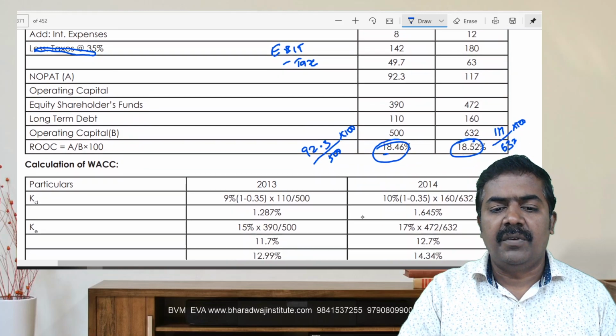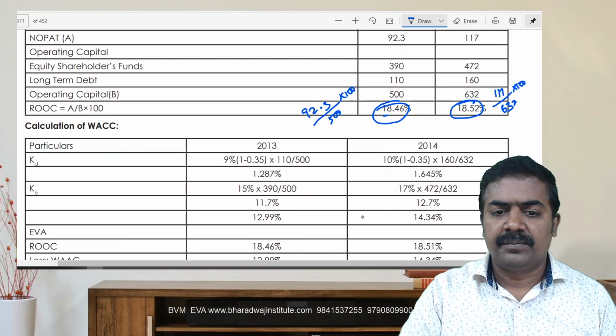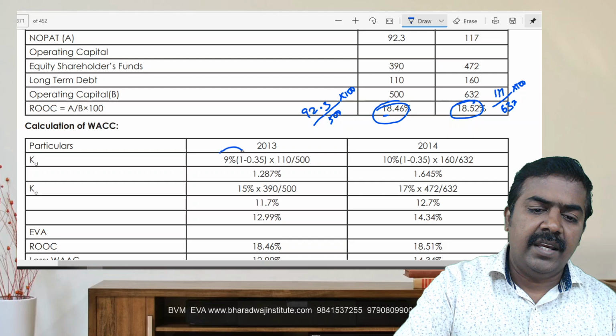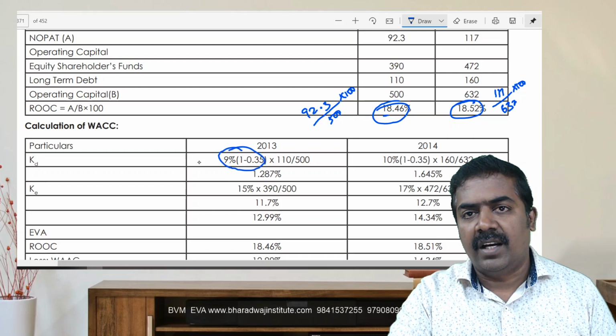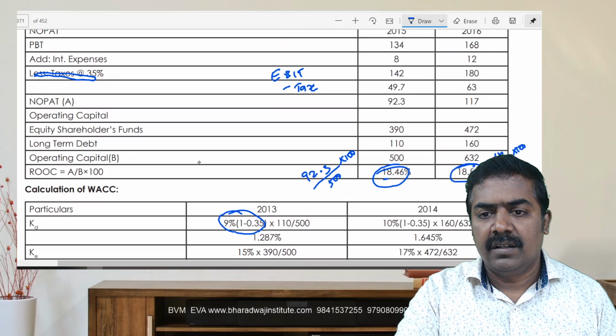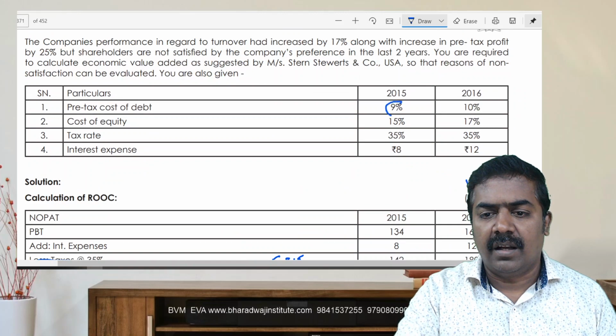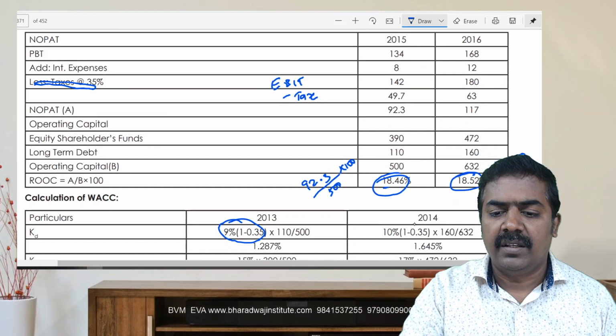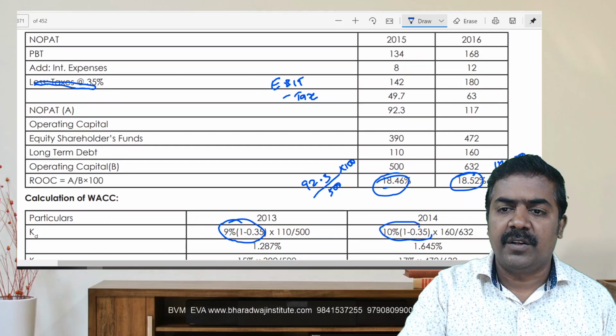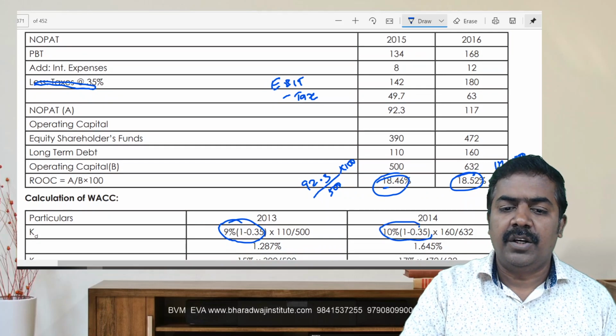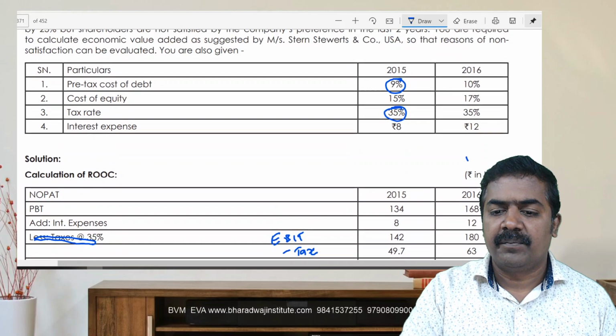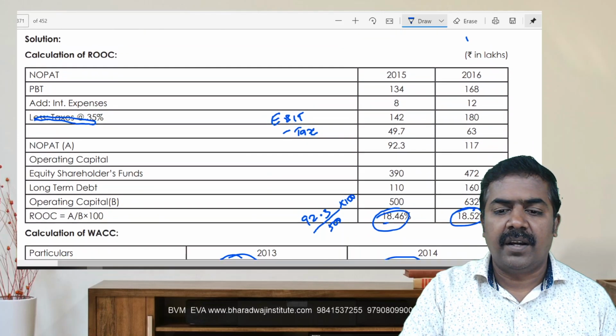Right? Then we have to work out the weighted average cost of capital. Simple. I into 1 minus T. We know what is I? 9 into 1 minus 0.35. Here it is 10 into 1 minus 0.35, into the proportionate funds employed. What is the proportionate funds employed?